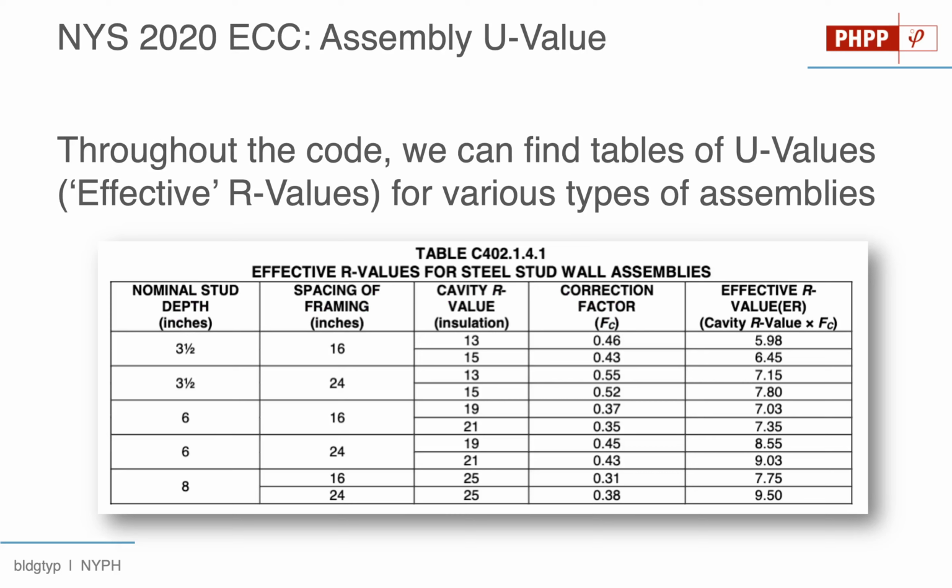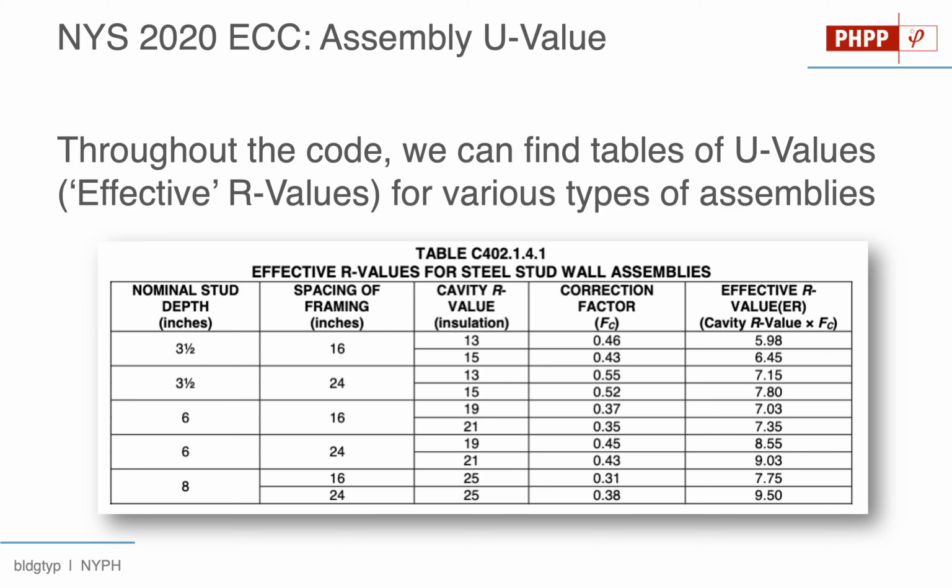I'm sure anyone who's an architect or builder, an engineer who has worked on a project that required some sort of code compliance is familiar with local building codes, which are in many cases going to include things like this table right here. What is this? This is just a table drawn from a local building code here in New York that shows you effective R value for certain thicknesses and stud spacings for steel stud elements.